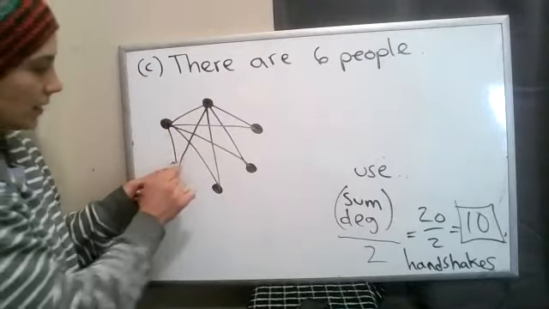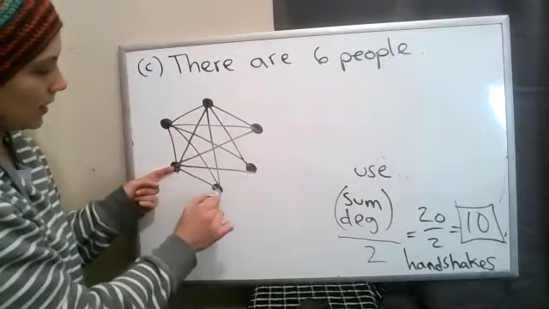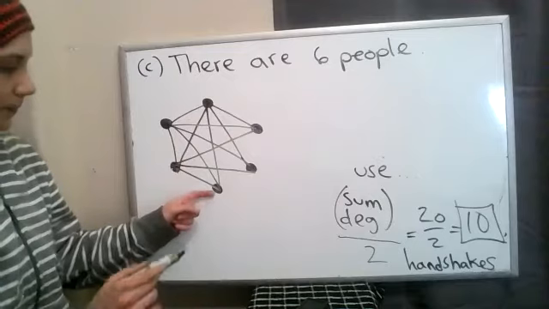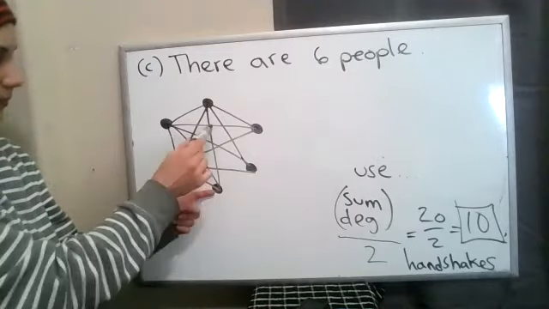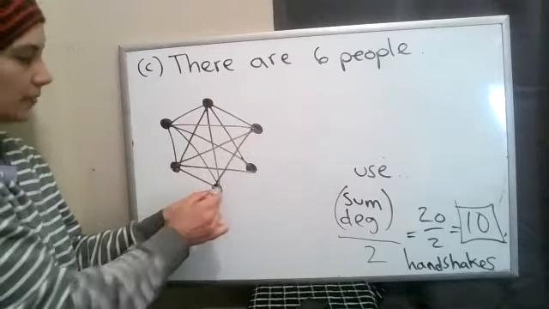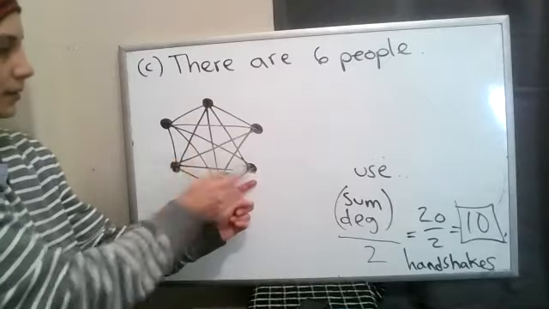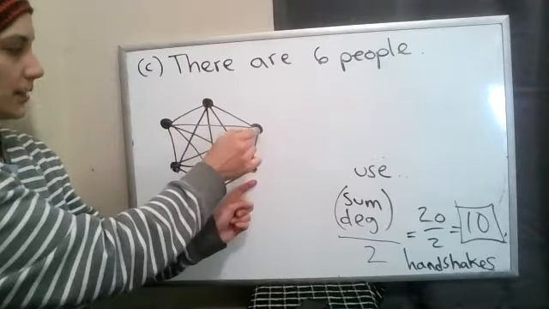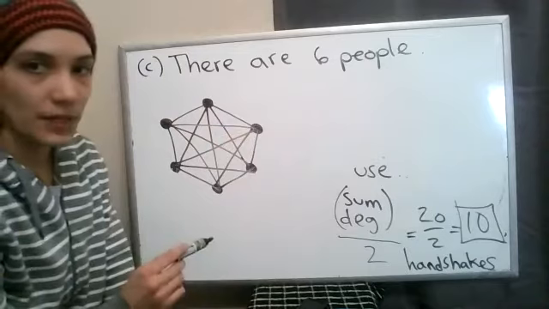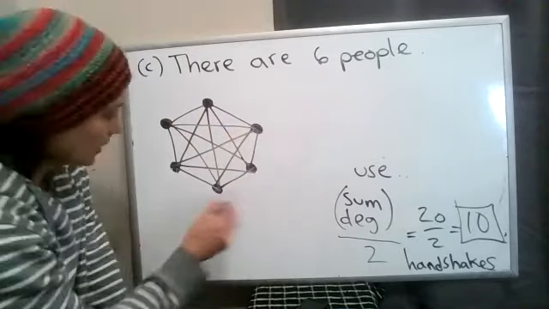Here, here, there, there. Okay. 4 and 5. 1, 2, 3, 4, 5. Each vertex has degree 5 in this one.